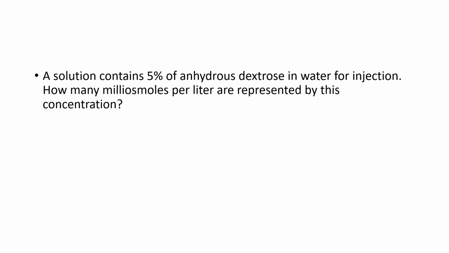Finally, a solution that contains 5% of anhydrous dextrose in water for injection. How many milliosmoles per liter are represented by this concentration? Okay, so 5%, let's have 1 liter, 1000 ml, multiplied by 5%. So 5% is 5 grams per 100 ml. Let's see how many grams of dextrose there are.